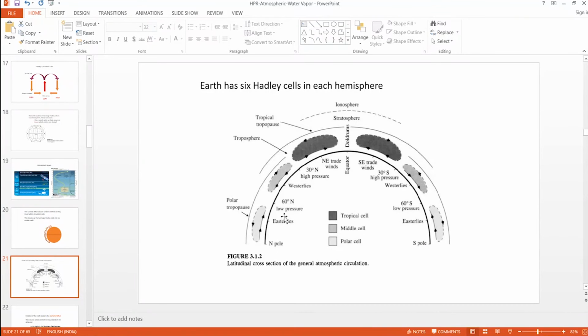Similarly, at the poles, what happens? The poles are very cold, with temperatures less than minus 20 degrees centigrade. When wind is blowing on the surface, its temperature is relatively close to the ground surface.